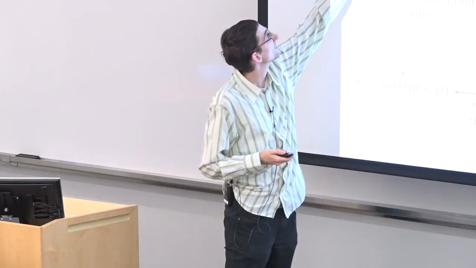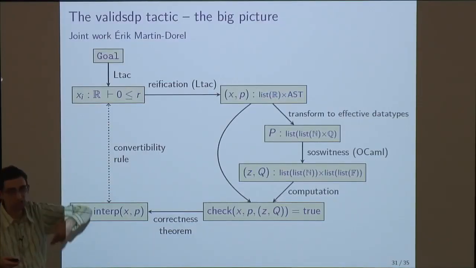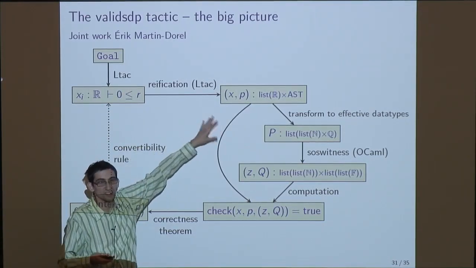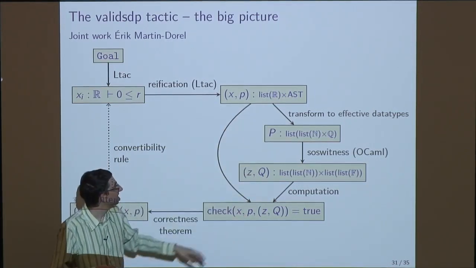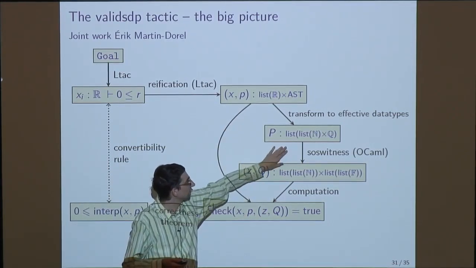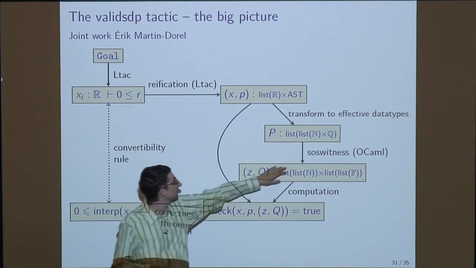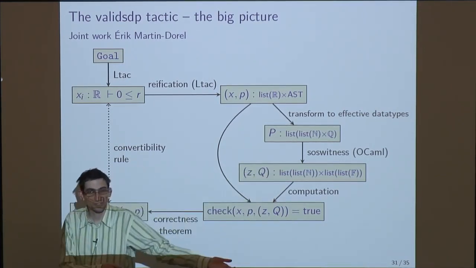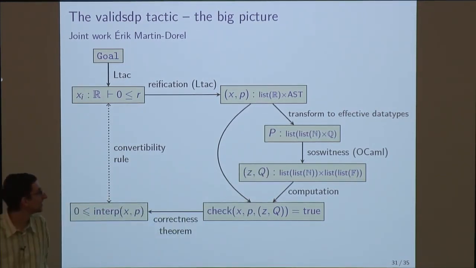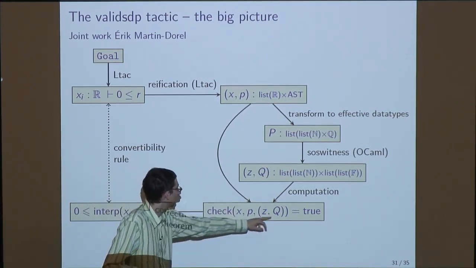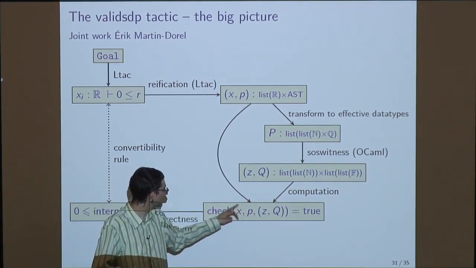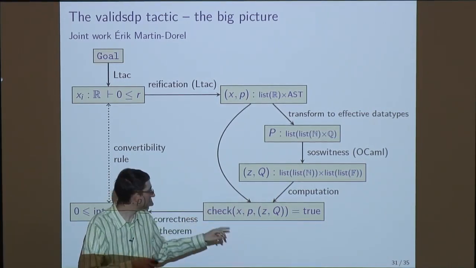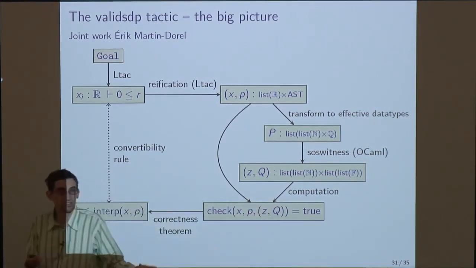The way it works, we have some goal we want to prove. Some polynomial is non-negative. The tactic will parse it to read the polynomial and so on. We will get a semidefinite program out of it, call a semidefinite programming solver, retrieve the solution, and encode a problem, basically the Cholesky decomposition, such that if the Cholesky decomposition succeeds, then our solution is actually a solution.